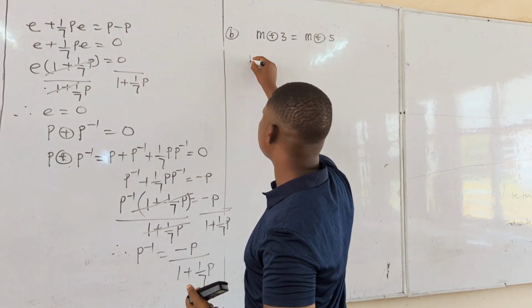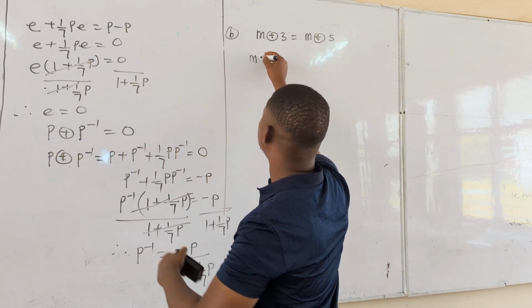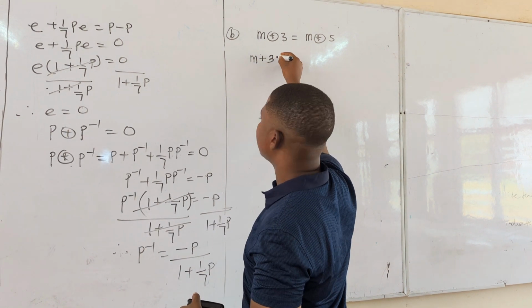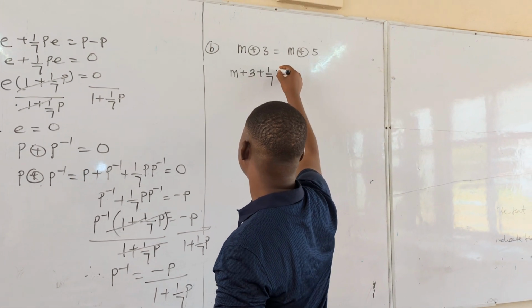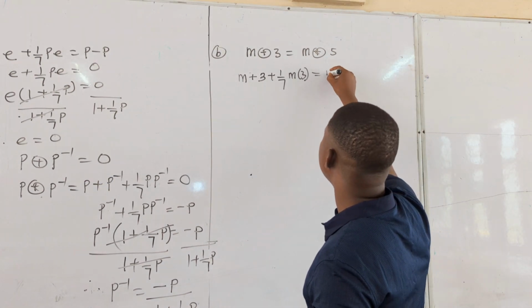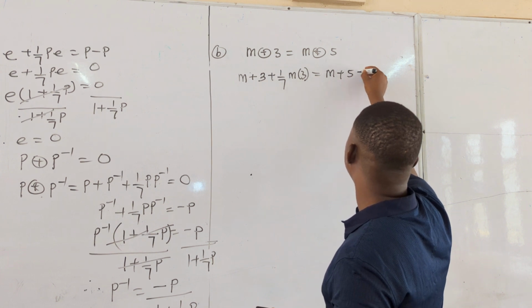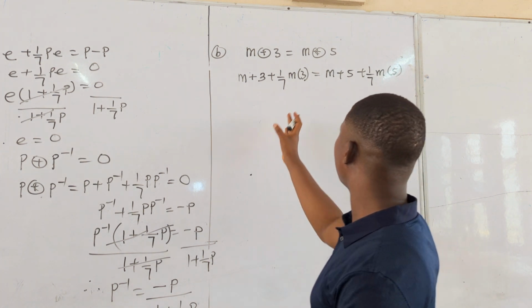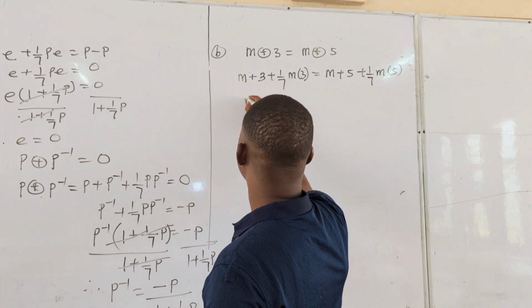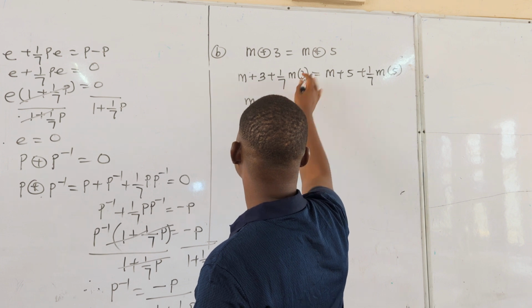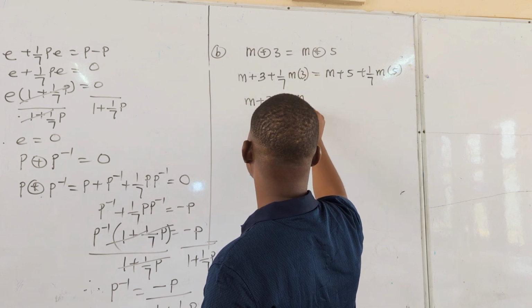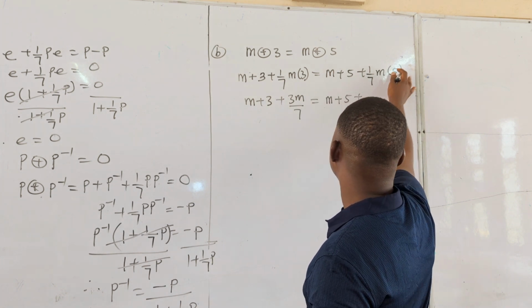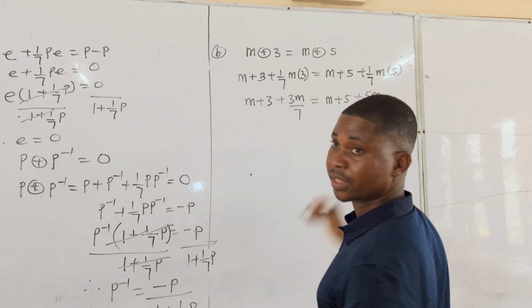We can say that M + 3 + 1/7 M times 3 on this side, with this side we have M + 3 + 3M over 7, is equal to M + 5 + 5M over 7.